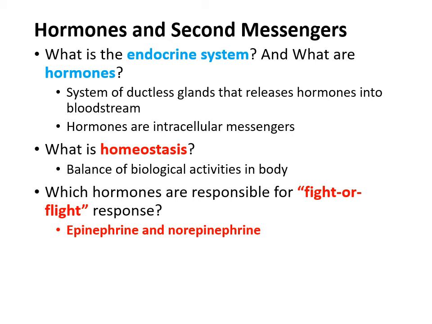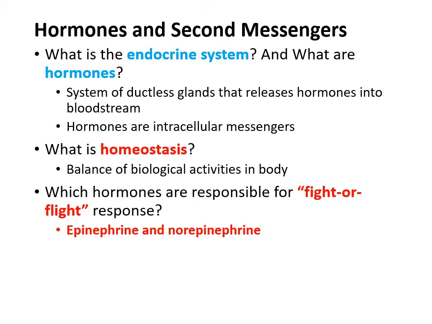Now, these hormones are very important to try and put the body at homeostasis, which is basically the balance of biological activities. So whenever you hear homeostasis, think equilibrium and balance within the body.